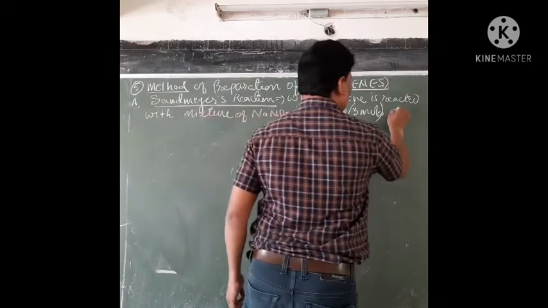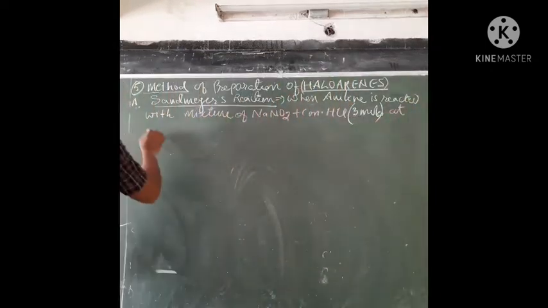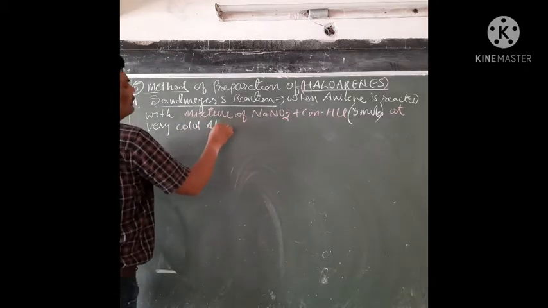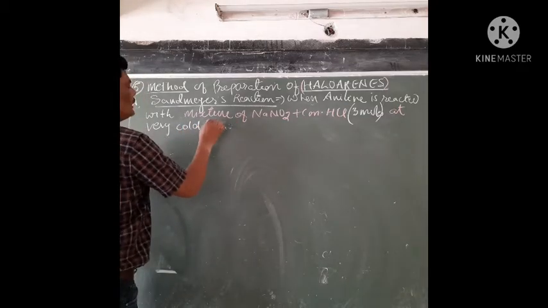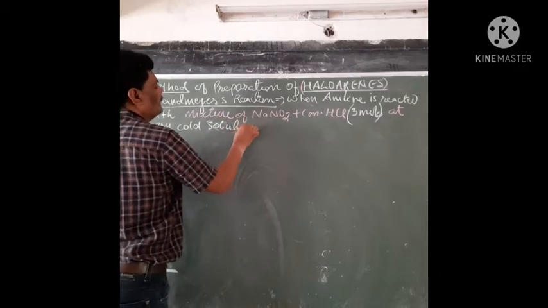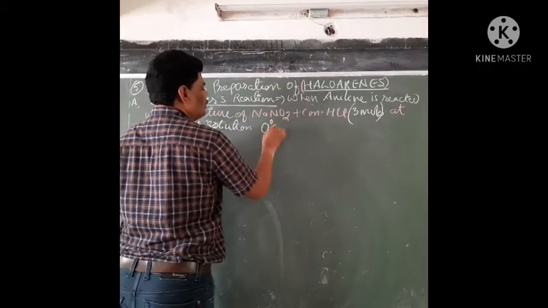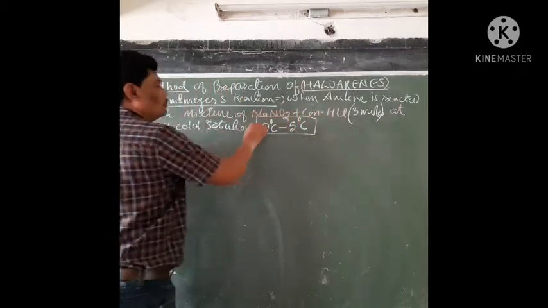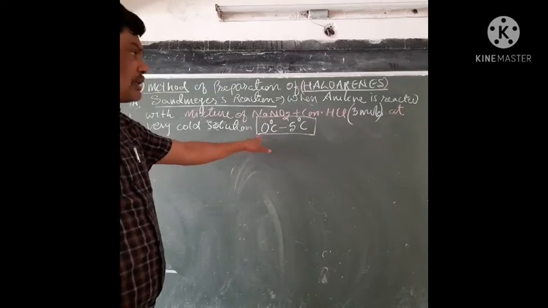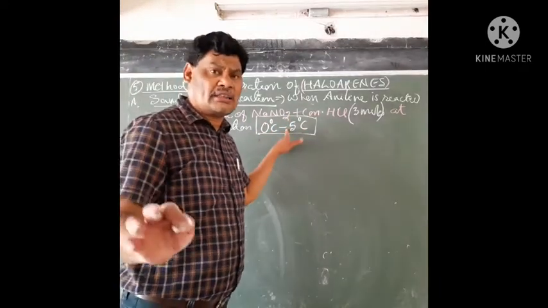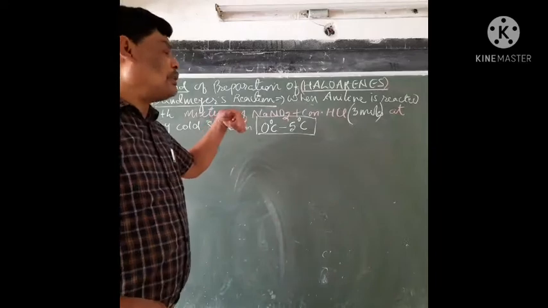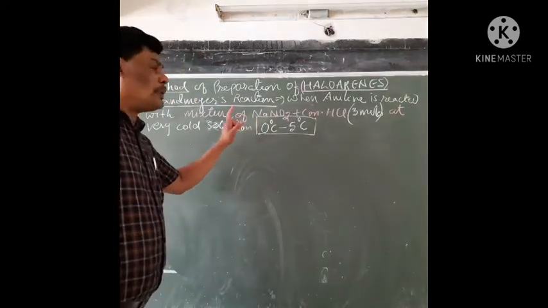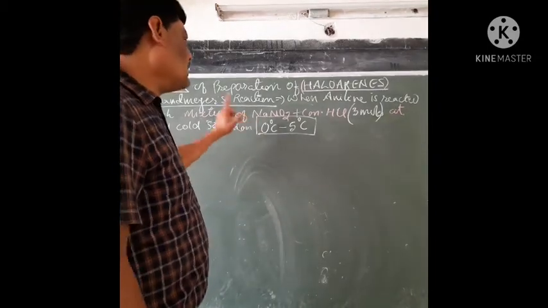At a very cold temperature, in very cold solution. It should be 0 degrees to 5 degrees Celsius. Remember, we must maintain this temperature whenever the reaction takes place. Otherwise, the product will form but will be what? Explosive and highly unstable. So, to prepare diazonium salt, we require this condition.